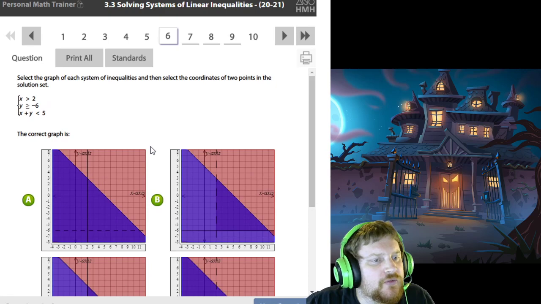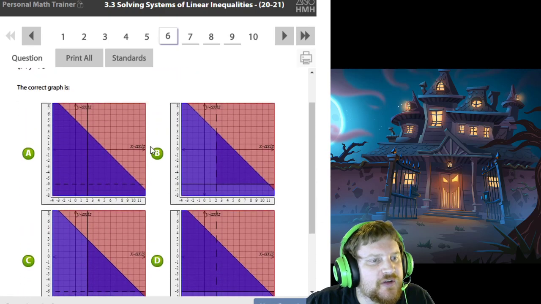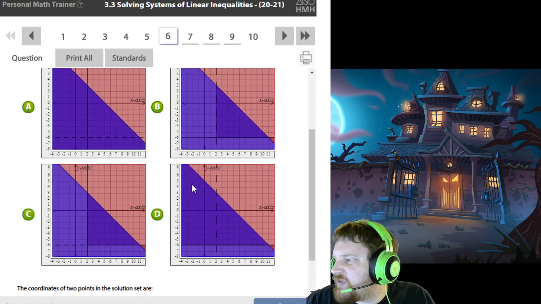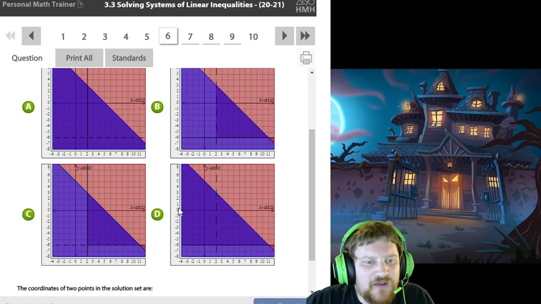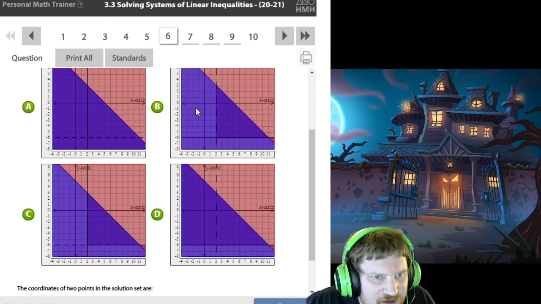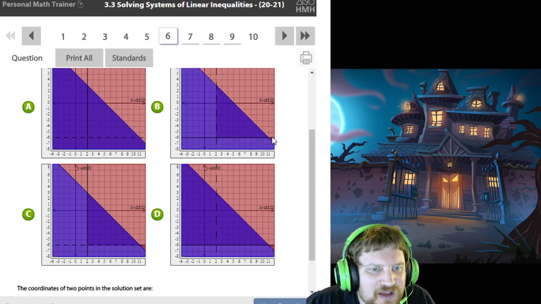Oh, we are greater than negative 6, and we are greater than 2. So many people have had a hard time seeing the difference between this graph and this graph, but notice that the difference is this area is lighter on this graph than this area, and we know that has to be the case because we need just the area greater than 2.